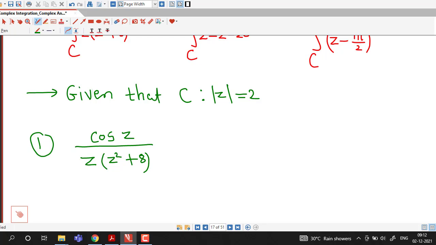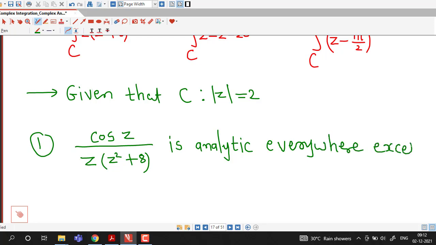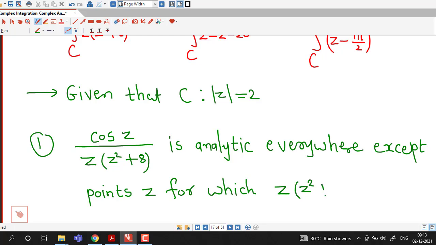So cos z over z(z square plus 8) is analytic everywhere except at those points z for which the denominator z times (z square plus 8) becomes 0.